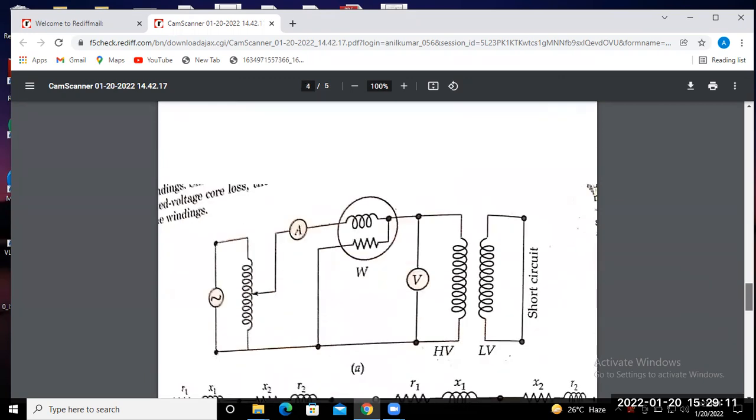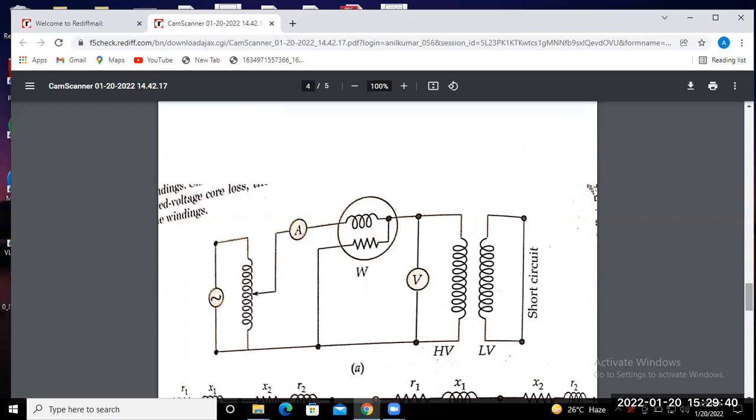So this is the connection for the short circuit test. That means all the instruments, ammeter, voltmeter and wattmeter, we connect with the HV winding of the transformer, and the LV winding is shorted with one wire. So the LV winding is short circuited.